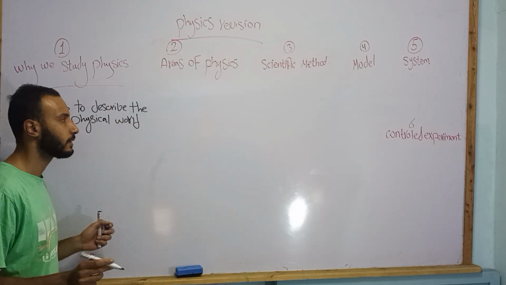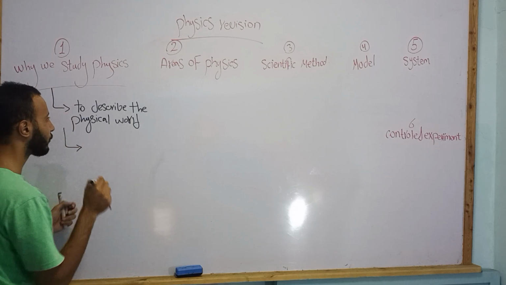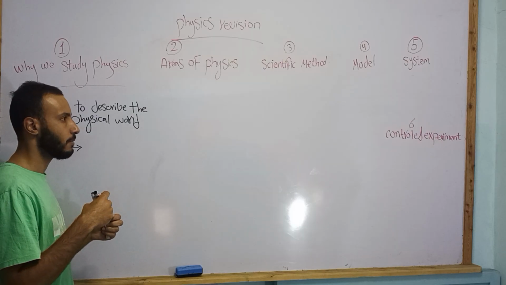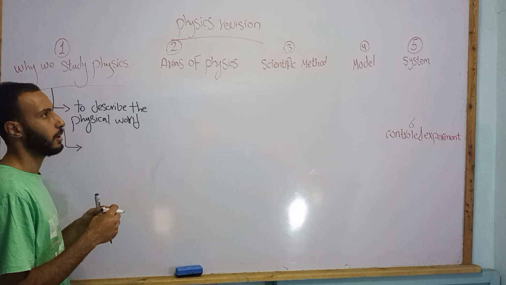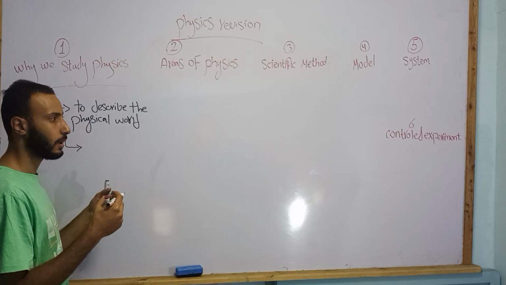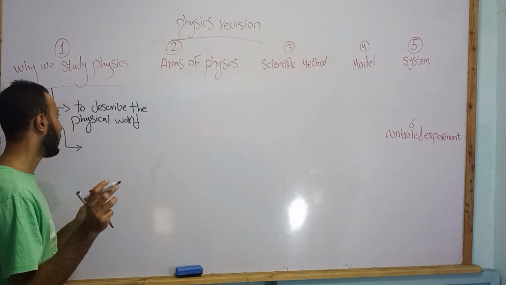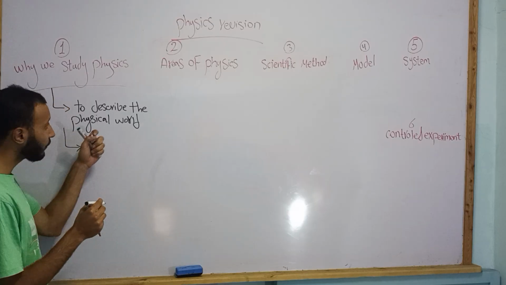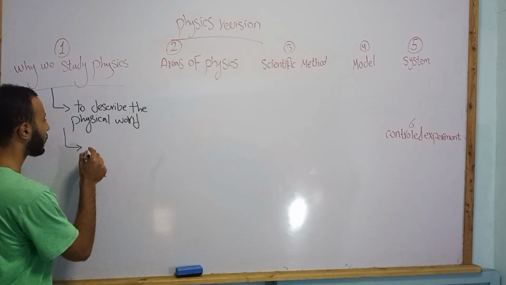The aim of digging and trying to describe the physical world is that you will get some principles, you will get some rules, new rules, you will get many ideas you don't know about the physical world or about nature. So after describing the physical world, you will get some principles.